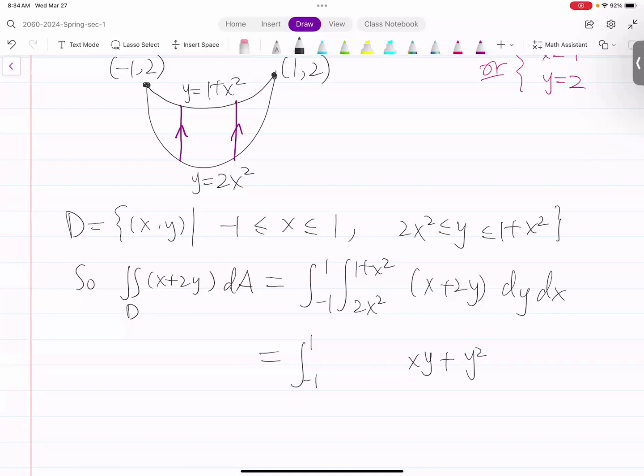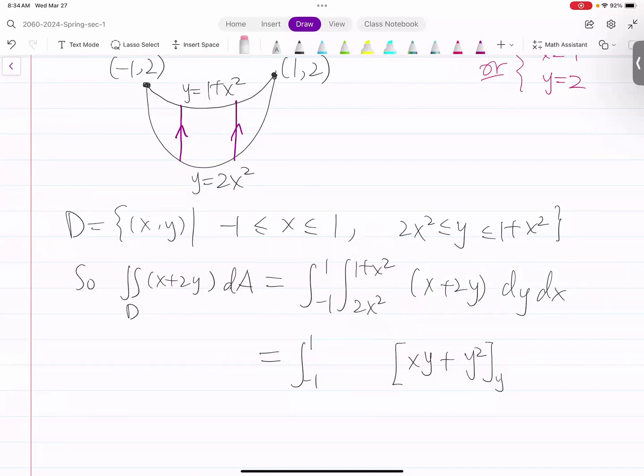And of course, if you quickly differentiate, that gives you x plus 2y. Okay? So that's something you can always verify by differentiating in your head. And now, in terms of y, so we plug in. So the only thing different from the previous section is that the bounds are functions in terms of x. Okay.